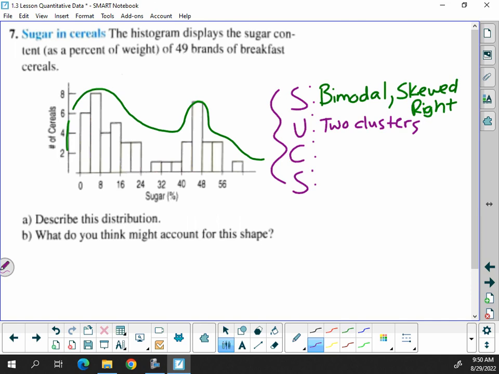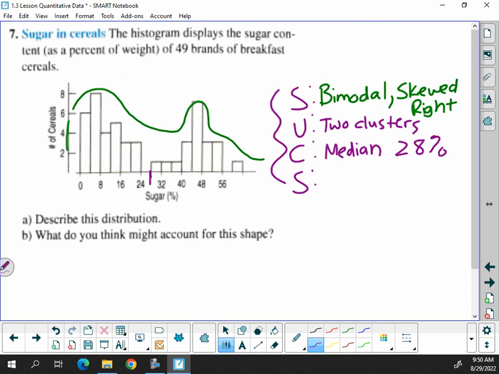We're going to look for the median sugar percentage, so we should say something about the center being the median, which I would say is approximately 28%. And then since we have this non-symmetric distribution, let's talk about the range.